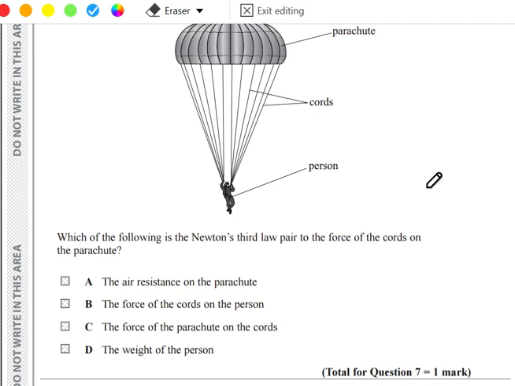So the pair for the force of the cord on the parachute should be the force of the parachute on the cord. A acts with a force on B, and B acts on A with the same magnitude in the opposite direction. We cannot involve a third object C, so you cannot say the weight of the person.